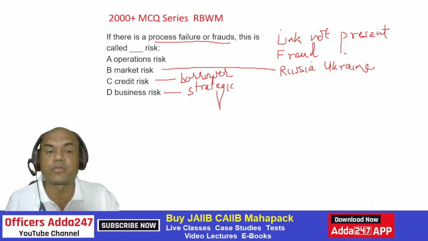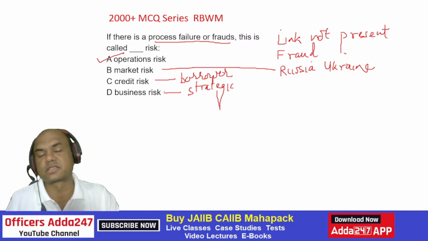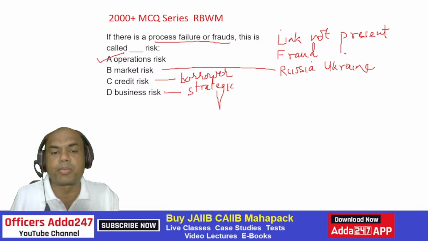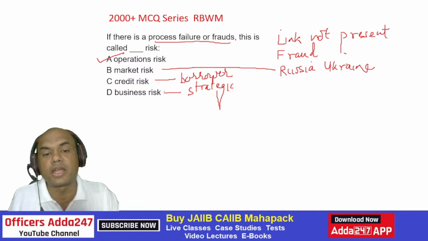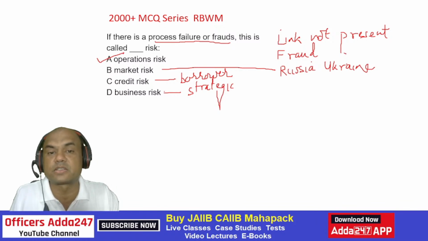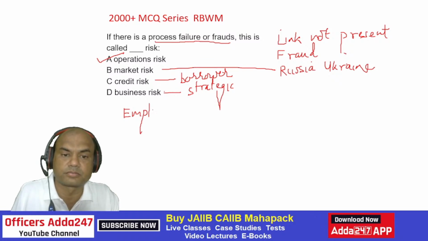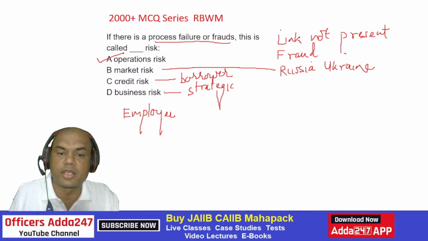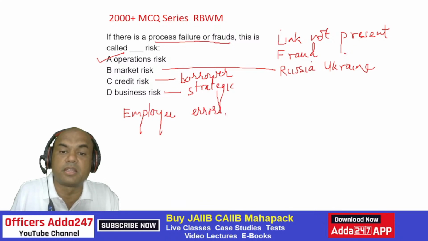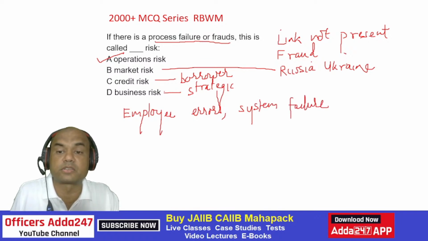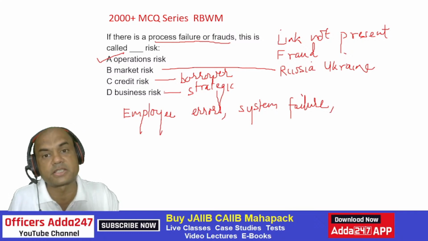So process failure and frauds are a part of operations risk. Remember, operations risk is of many types. Operations means immediately it comes to mind employee problem. See here, operations risk is not only limited to employee, it is employee also, employee errors, number one. Number two, system failure. This is also another type of risk in the same operations only.